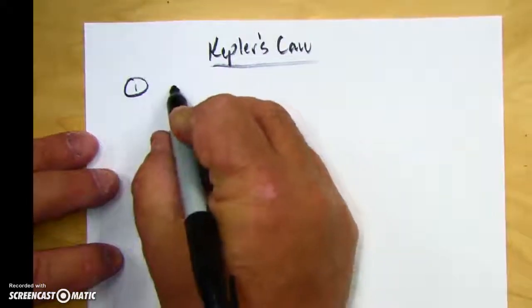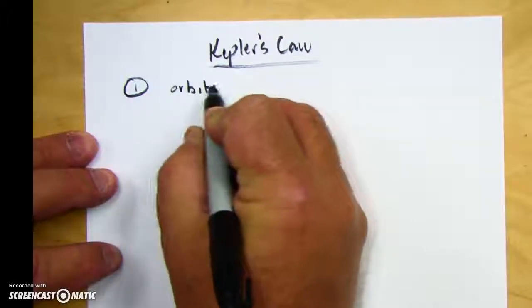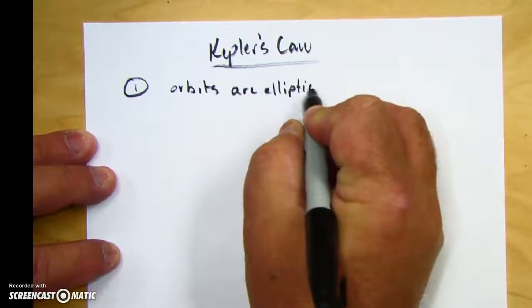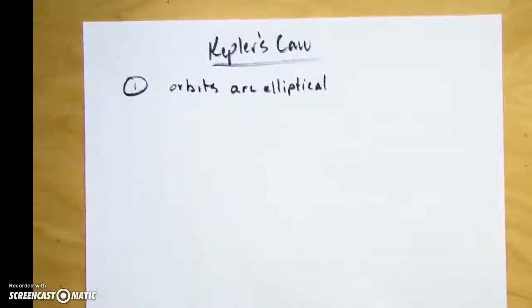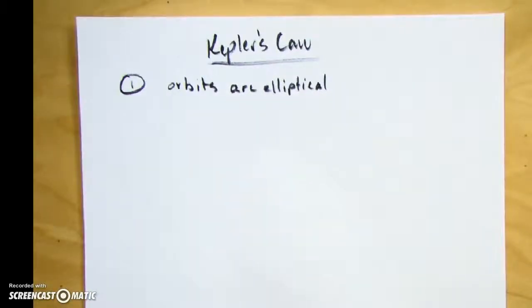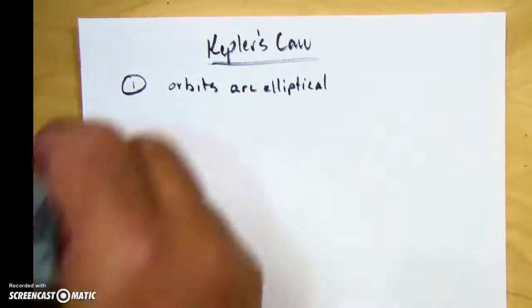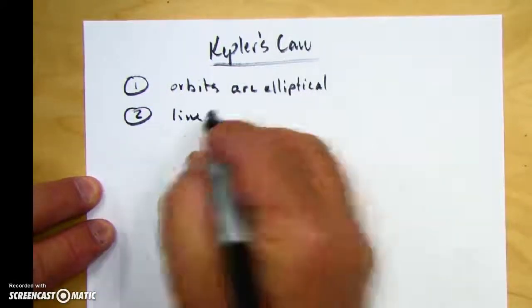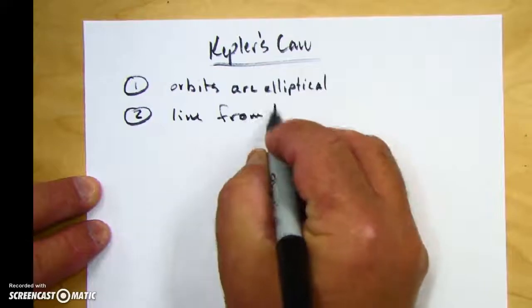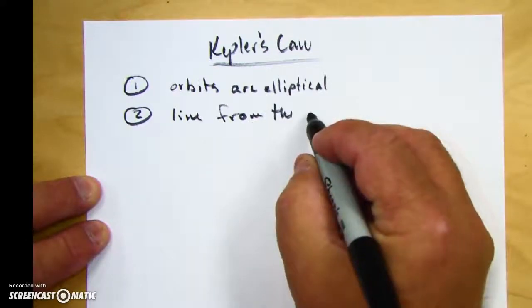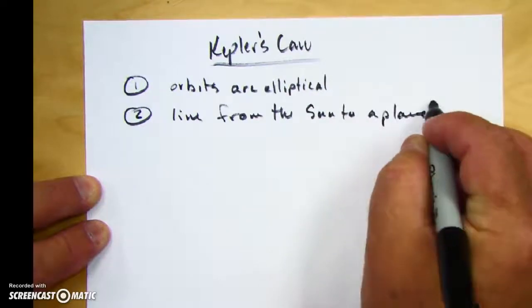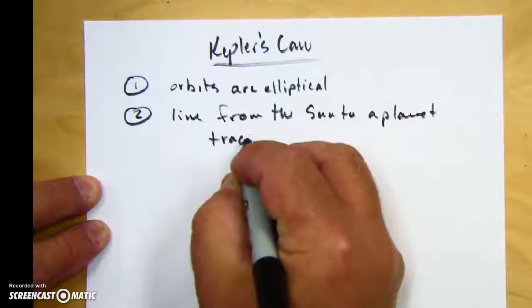First of all, he said the planets' orbits are elliptical. Now, they're somewhat close to being circles. They don't have a giant eccentricity, but they are actually elliptical. I don't think you're ever going to see that on a test. You will see this, though. Number 1: a line from the sun to a planet traces out equal area.